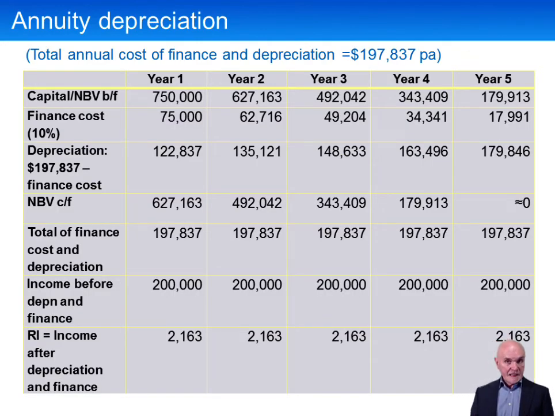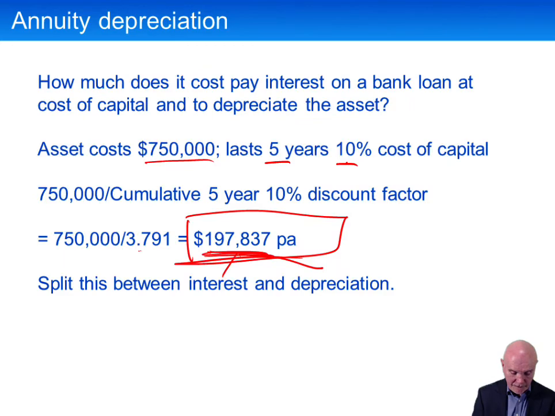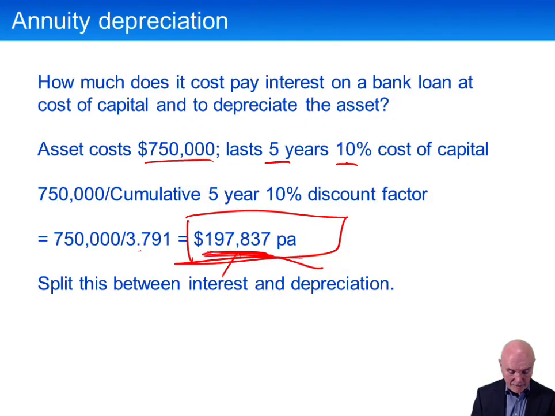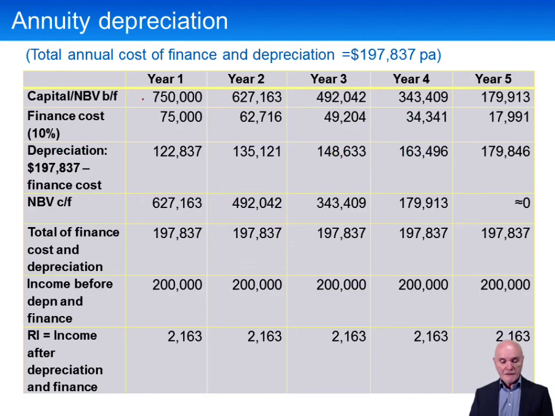It's exactly the same kind of starting figures as before. Okay, so we, in a way, borrow 750,000. So if you remember, this was exactly as we had before. If I just go back, there we are. We borrowed 750,000 there, and what we're doing now is we're saying, right, the finance cost there is 75, that is 10% of that.